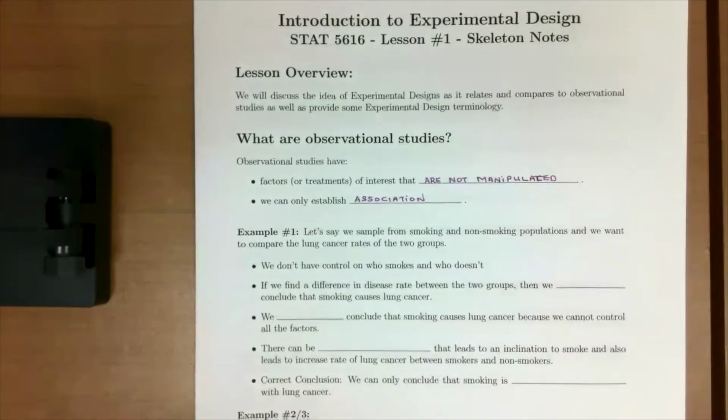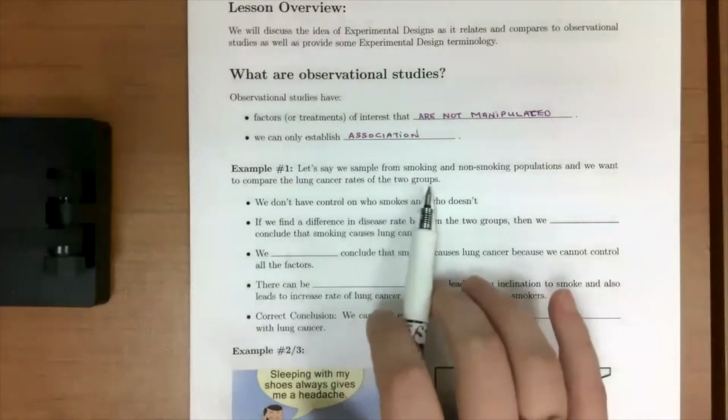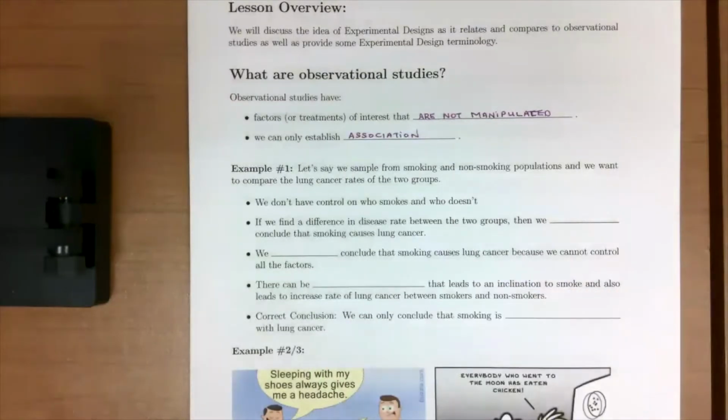So let's go into an example. Let's say we sample from smoking and non-smoking populations, and we want to compare the lung cancer rate of these two groups. In this example, we don't have control on who smokes and who doesn't, such as age, gender, how often they smoke, and so on.